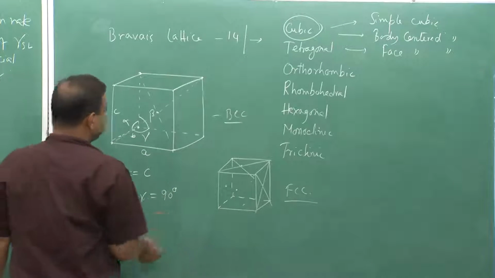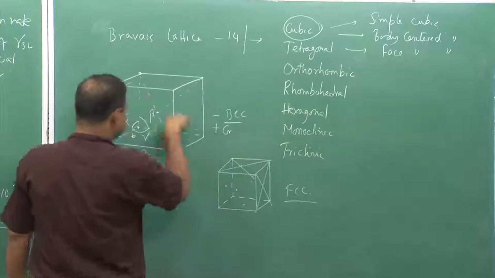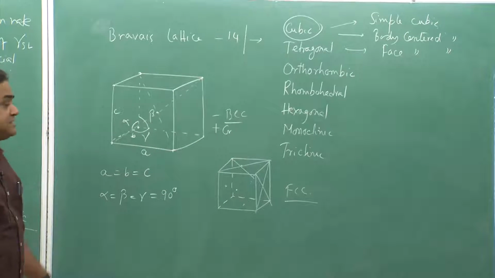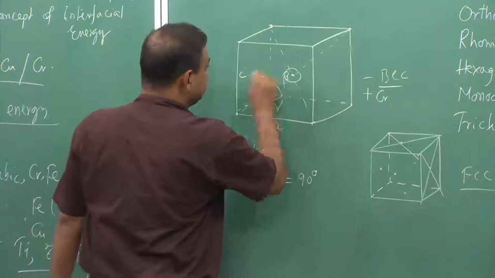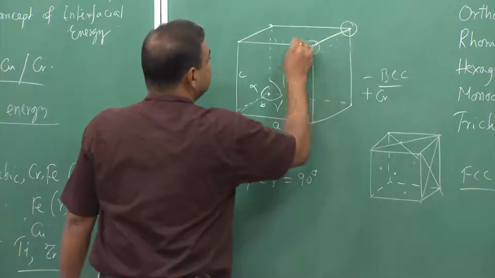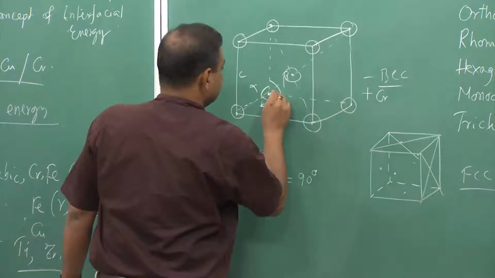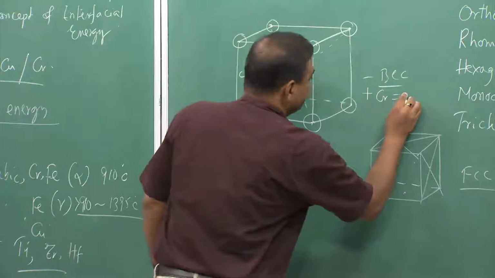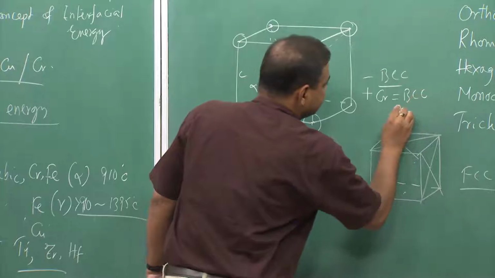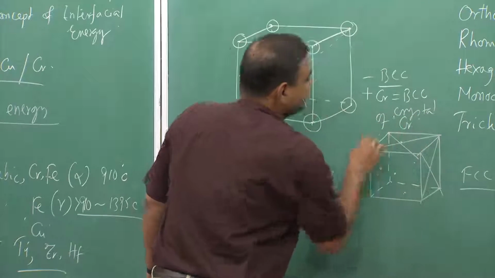So, these are all arrangements of points. Now, in case of BCC, if we put a chromium atom at each lattice point, that means chromium atoms will be put here, here, then it becomes a BCC crystal of chromium.